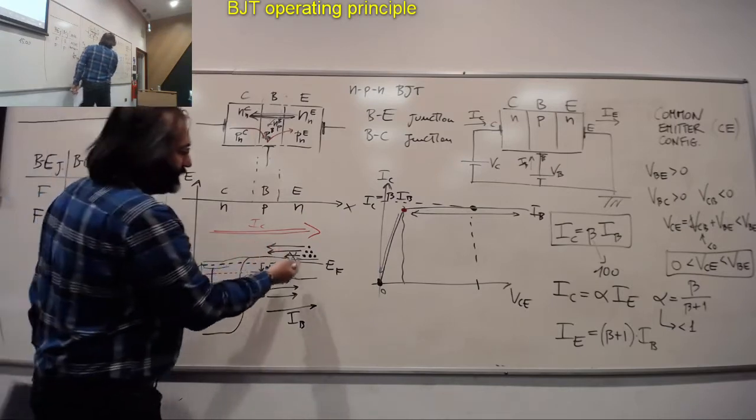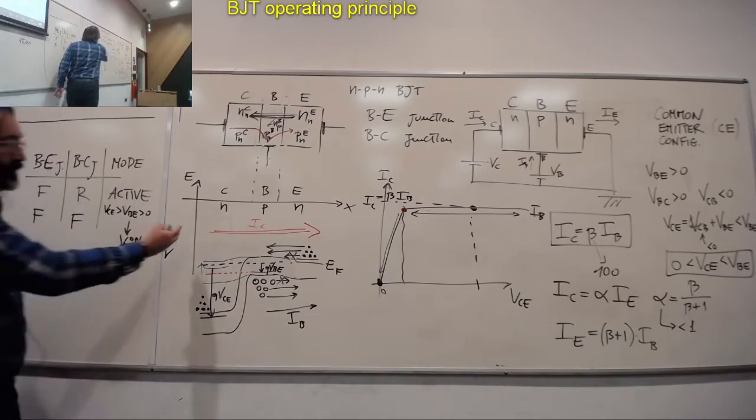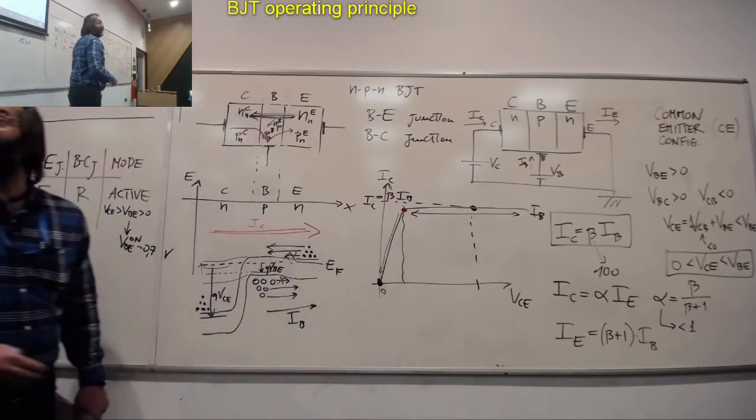And so this has the meaning of no more energy drop. That was the reason in the beginning of this large current. So that's why here the current drops like that.